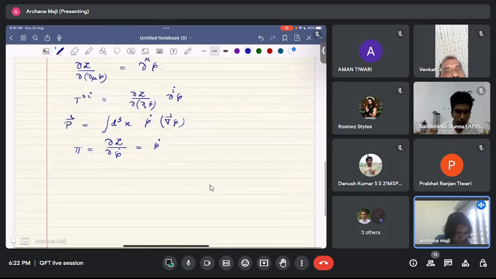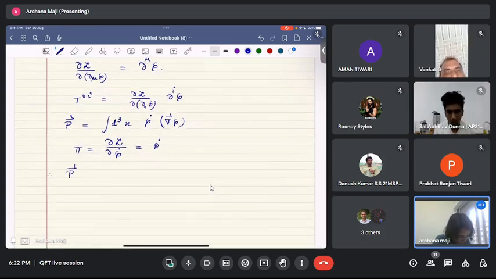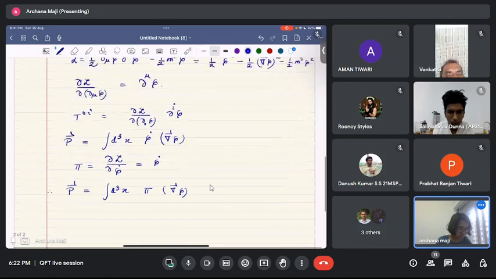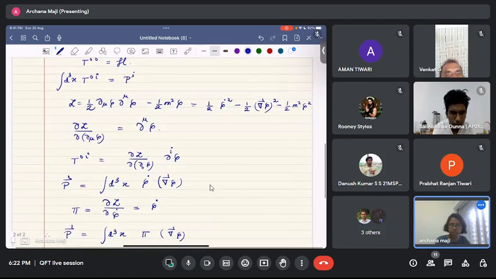Therefore the momentum operator is the integral d3x of pi times the gradient of phi. Everything is good till this point.